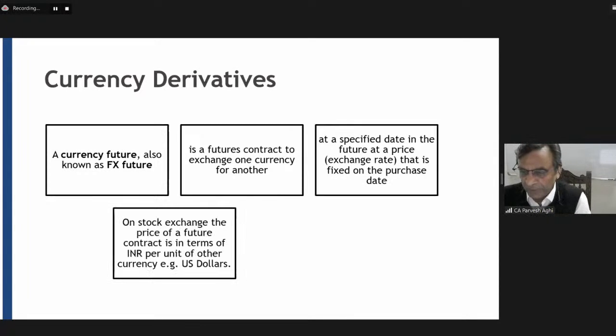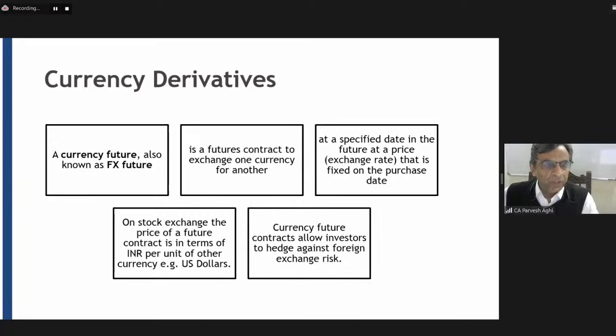Now, on the stock exchange, the price of the future contract is in terms of INR per unit of other currency, for example, dollars. So whether it is dollar, euro or yen, you'll get a direct quote in terms of any foreign currency.